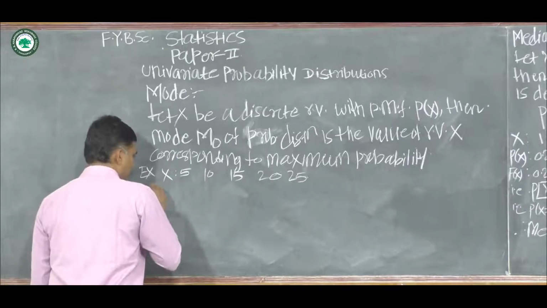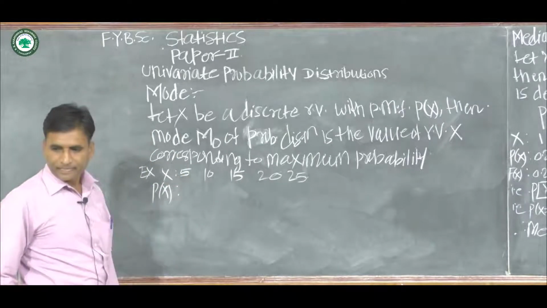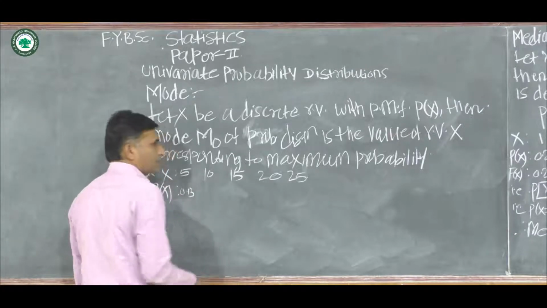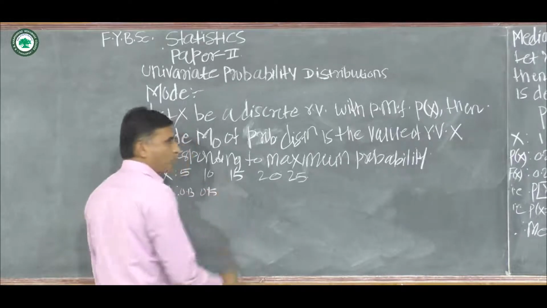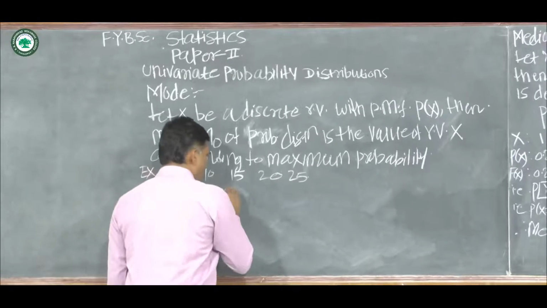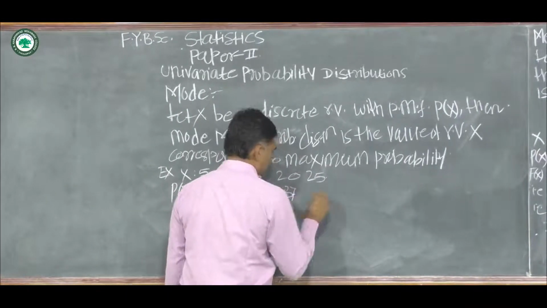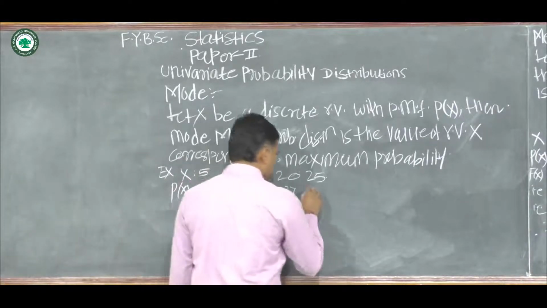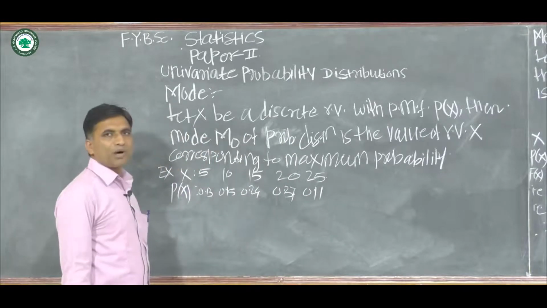Their corresponding probabilities are 0.13, 0.15, 0.24, 0.37 and lastly 0.11. This is the probability distribution.